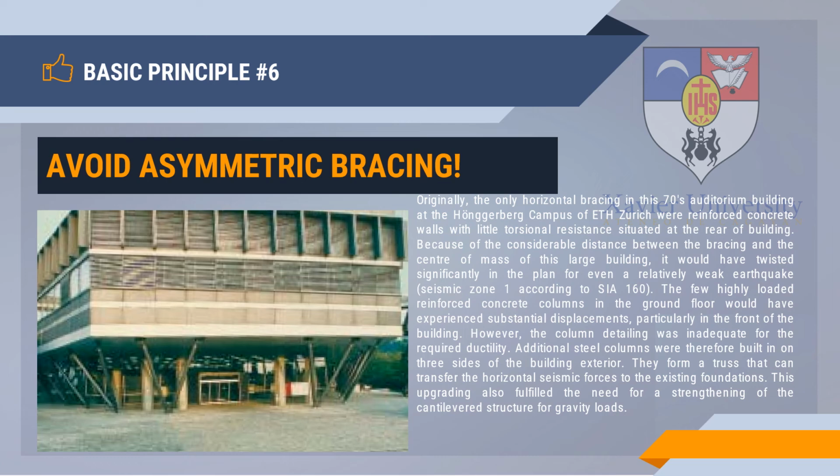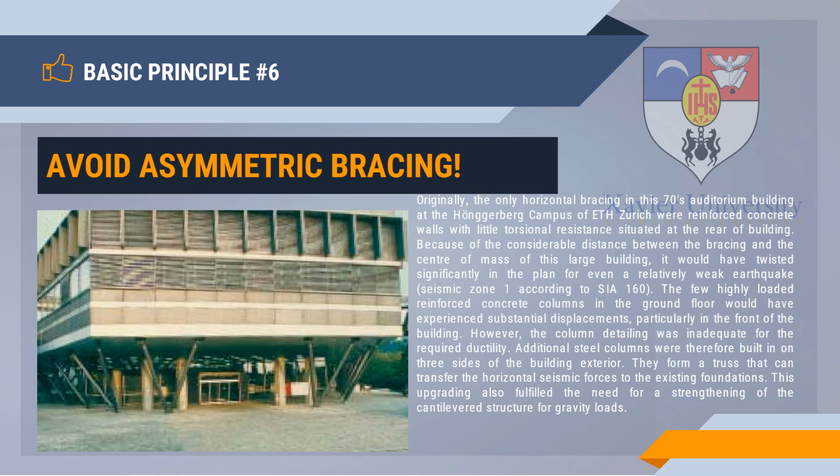So we also have here, originally, the only horizontal bracing in this 70s auditorium building in Zurich were reinforced concrete walls with little torsional resistance situated at the rear of the building.